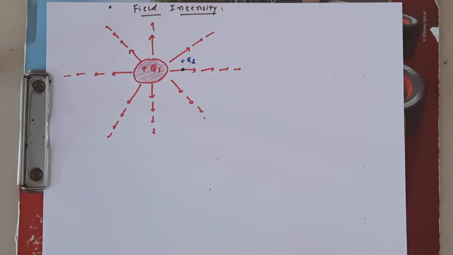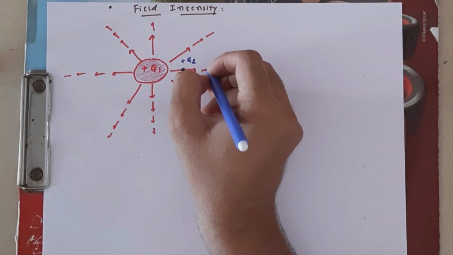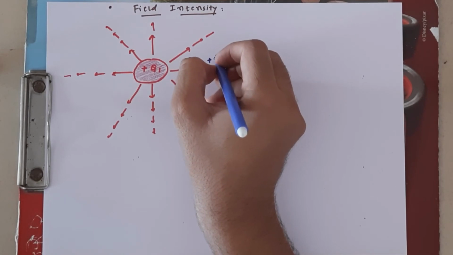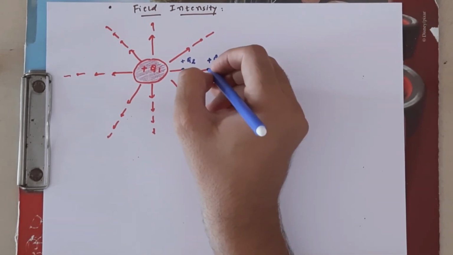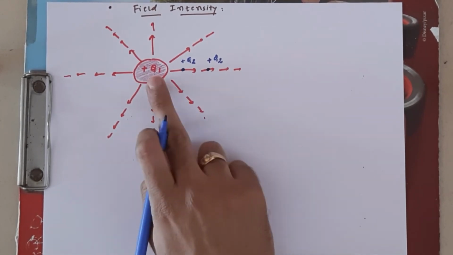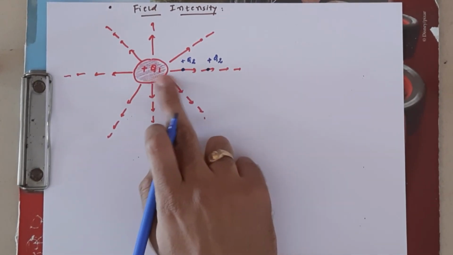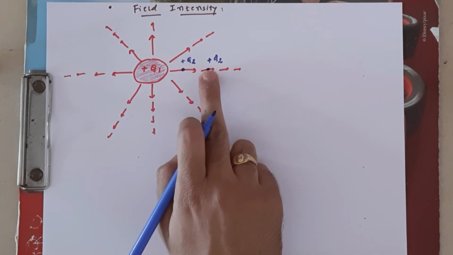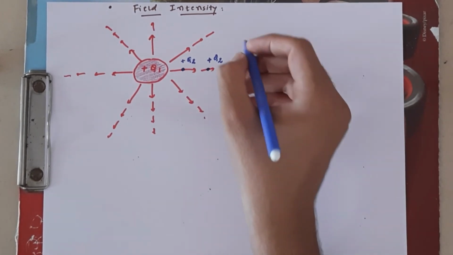Suppose I put the plus q2 charge here. Again there is a repulsive force between these two charges, but the amount of force is less compared to the first case.